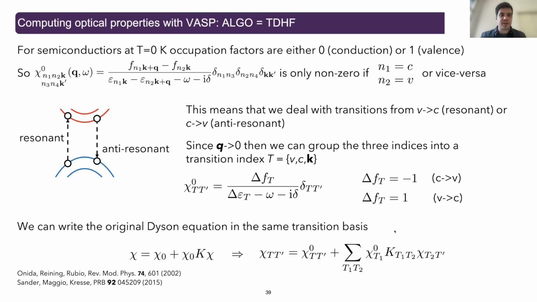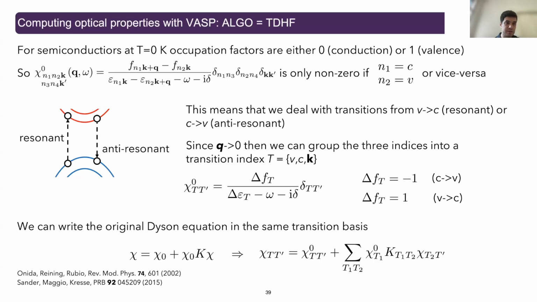Some further approximations, in fact treatments that we can employ when dealing with this matrix, is to realize that if we want to study semiconductors at 0 Kelvin, the occupation factors that we see here will either be 0 if it's a conduction state or 1 if it's a valence state.